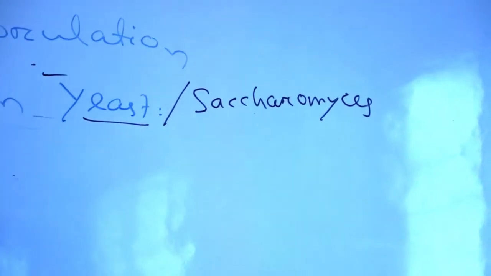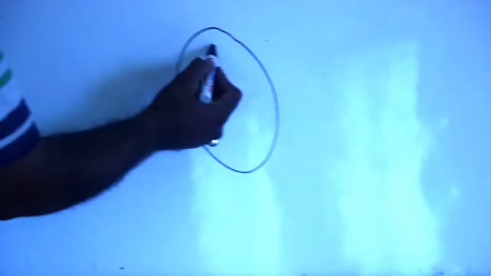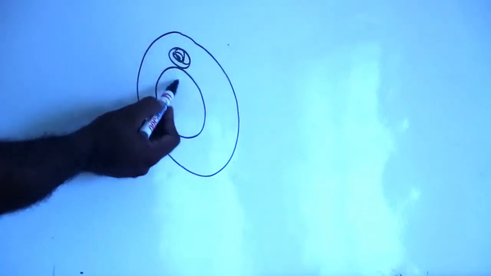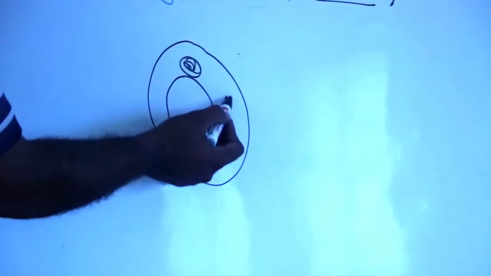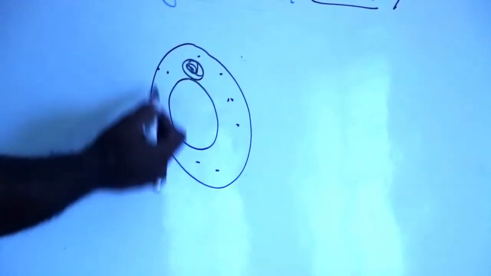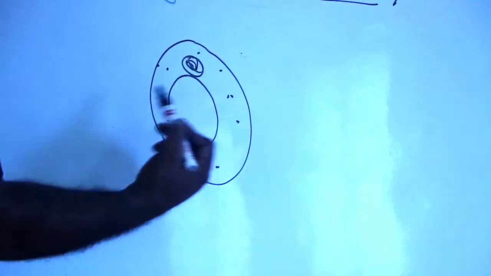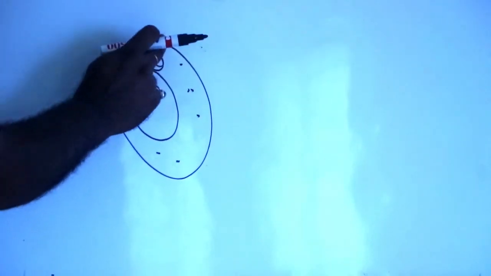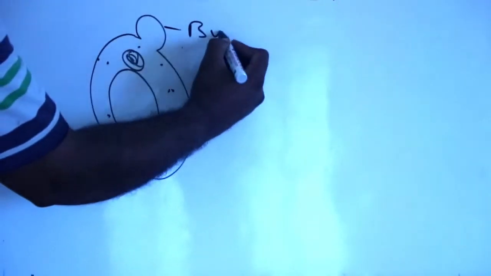So yeast is a unicellular fungus. Its whole body is a single cell. This is its nucleus, this is its vacuole, this is its cell wall, then this is cytoplasm. It is a yeast cell. During favorable condition, yeast produces a small outgrowth. Such an outgrowth is known as a bud.